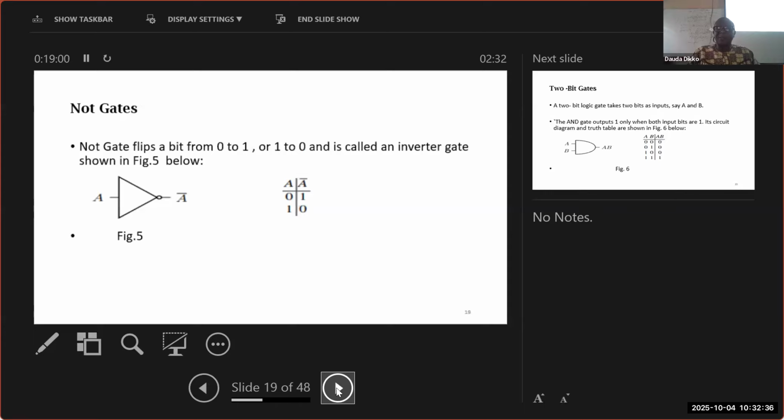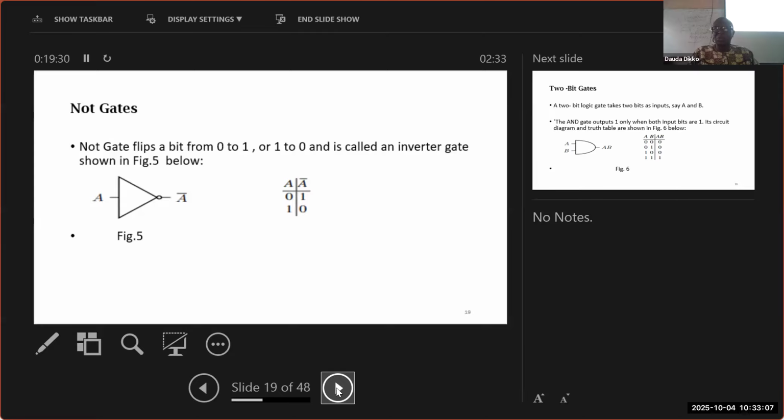Then we also have the NOT gate. For the NOT gate, it flips from 0 to 1 or from 1 to 0. Meaning that the NOT gate will negate. It is also known as the inverter gate. So if the input is A, as it passes through the triangle, you can see the small circle.